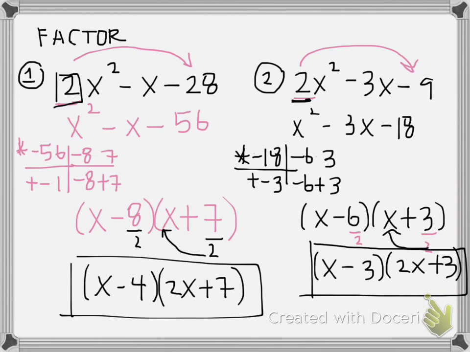All right, so I hope you feel good about trinomials with a number in the front. So today we're going to talk about polynomials that have 4 terms. So when they have 4 terms, we do something called grouping.